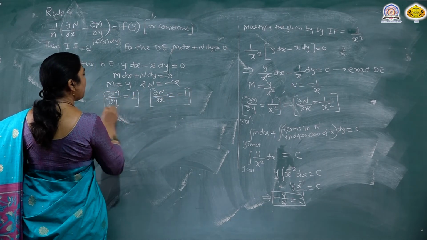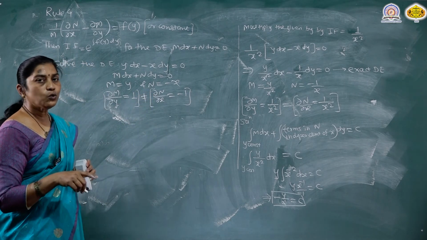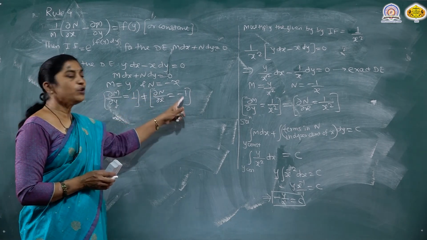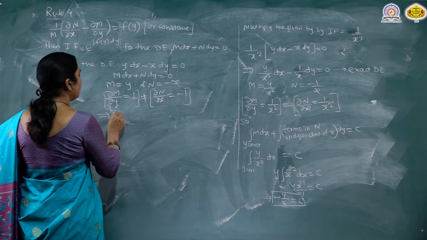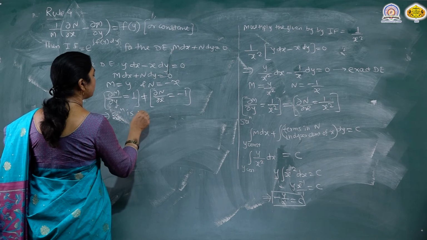Because ∂m/∂y is not equal to ∂n/∂x, one value is 1, another is minus 1, they are not equal, which means that this equation is not exact.